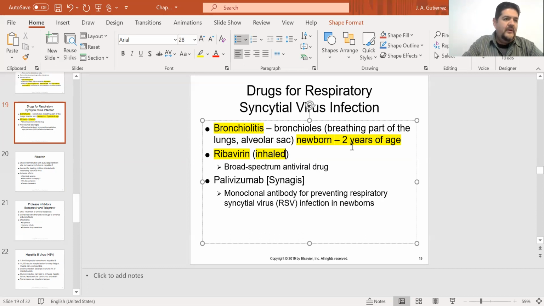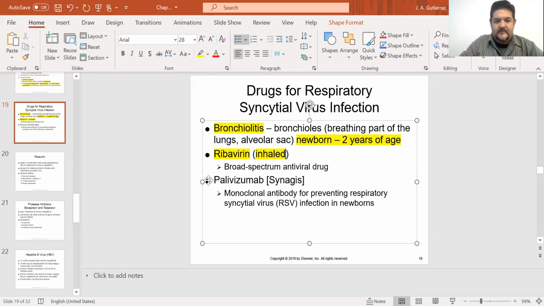For them to swallow a pill, or if we give the presentation PO, it's gonna take way longer to get into the lungs, and by the time it reaches the lungs, it's gonna be less than half the amount we provided. So the best way to give this antiviral is through a nebulizer or inhaler, and it goes directly where the bronchioles are in order to start fighting the inflammation process.